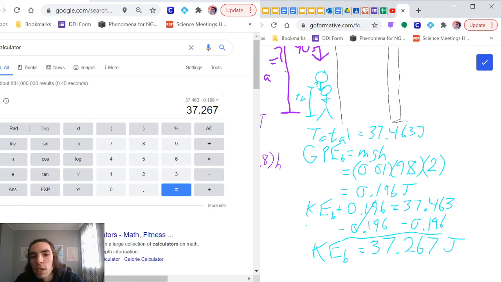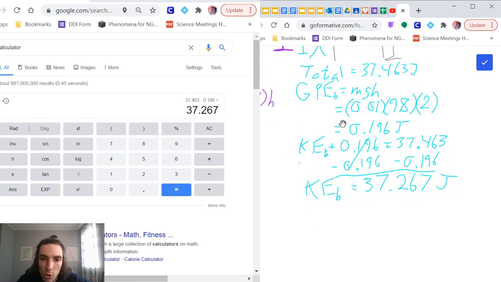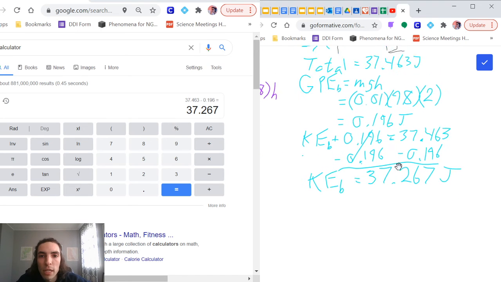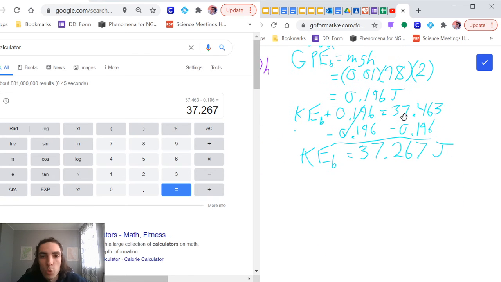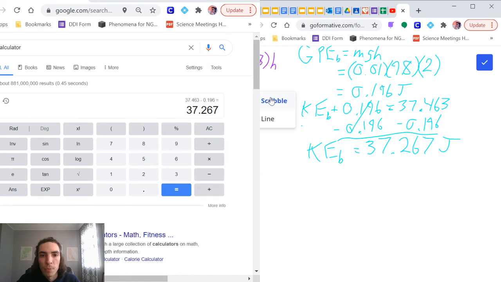Okay, so we figured out our potential energy because we knew the height there and we knew the mass and gravity still. We figured out our kinetic energy by applying energy conservation and using what we knew about the total energy. Now we can figure out this missing velocity, how fast the penny's actually going to be dropping when it reaches around head height for people.